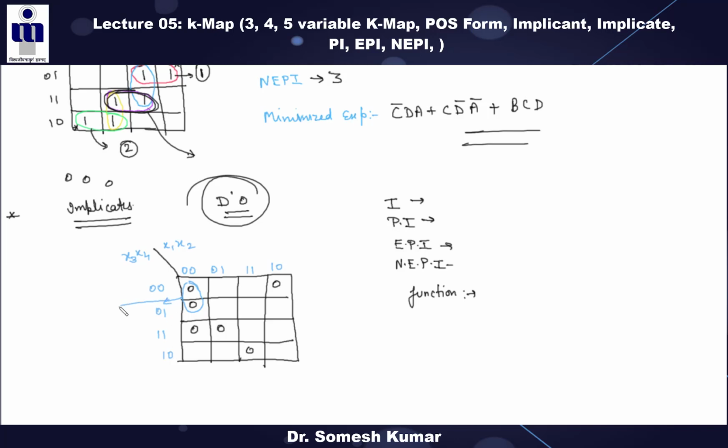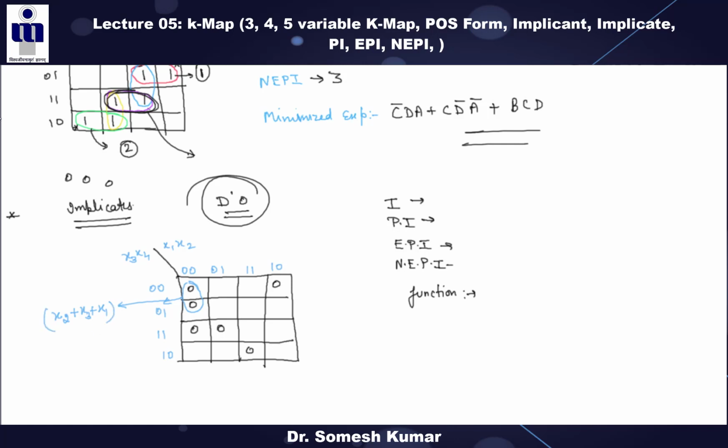Now tell me, what is the output of this first pair? Yes, x2 is common. This 0 is common, meaning x3 is common. x3 and plus what? x1 plus x2 plus x3, right? Clear?